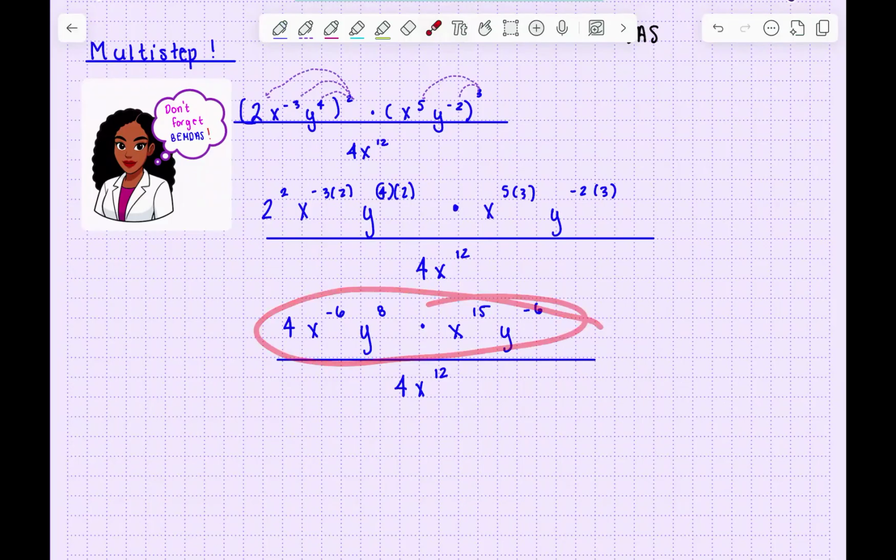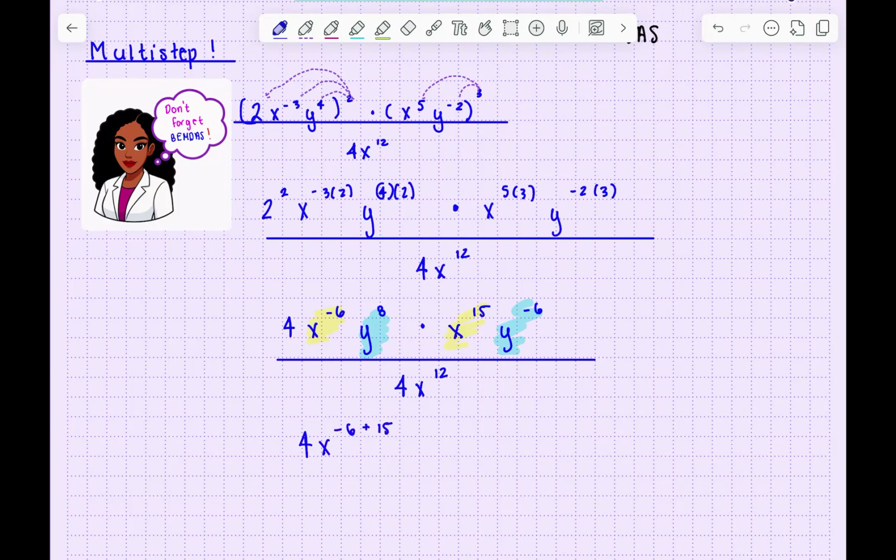Now I'm going to apply the product rule over here. Remembering this, I will apply the product law to the terms with the same bases. So I will do that on top first. So 4, then I have -6 plus 15.